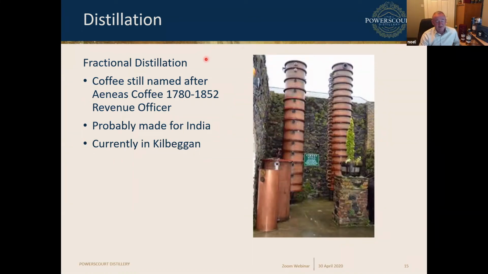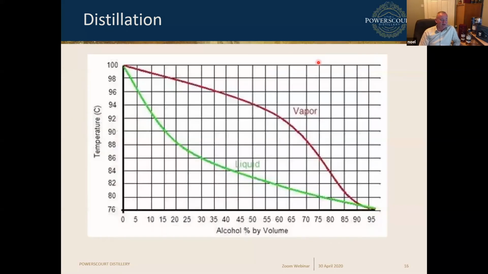The stills you're looking at there are in Kilbeggan, and they were probably made for India in about the early 1900s, but they have since found their way back. I don't think they ever got out there because of, I think it was the 1930s, World War II. They ended up in Kilbeggan as more or less a museum piece, for want of a better word.